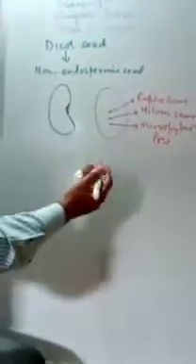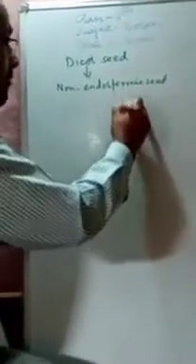Now, in the case of this non-endospermic seed, when we remove the seed coat, the testa and the tegmen, we will find this part like this, which is called the embryonic axis.